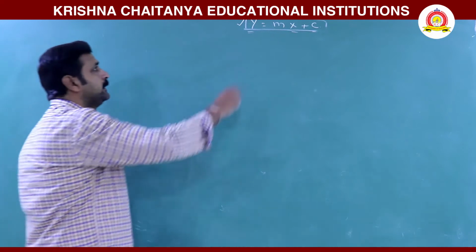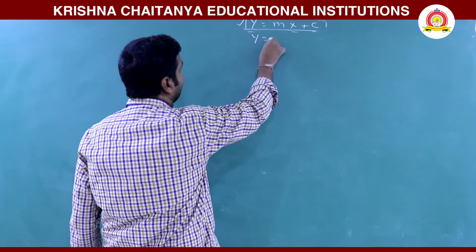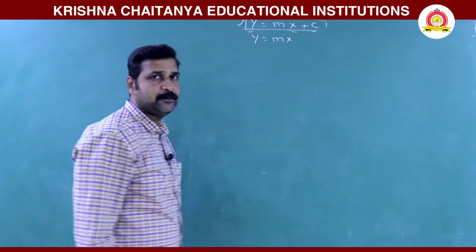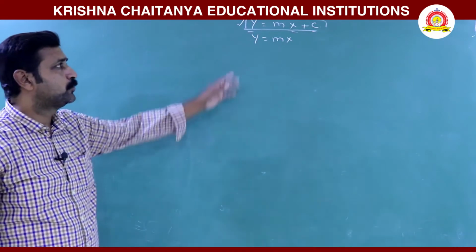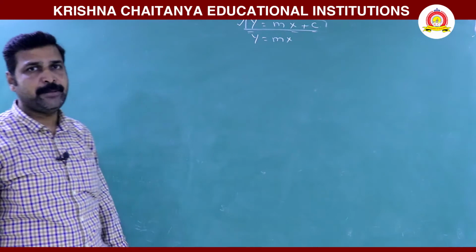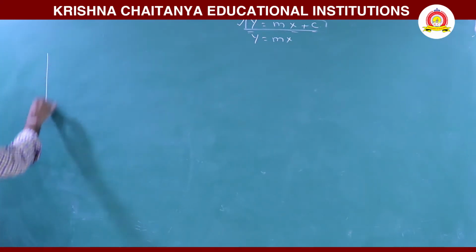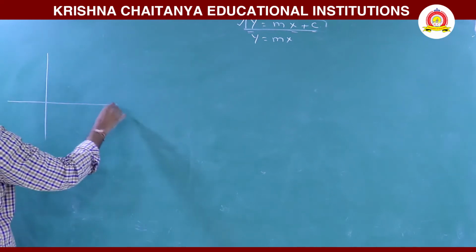Here how many expressions are we having? Two expressions, y is equal to mx plus c and mx. So far we discussed mx. Now let us take mx plus c graphs.